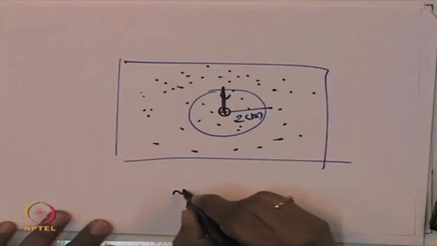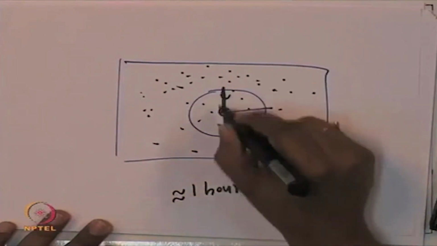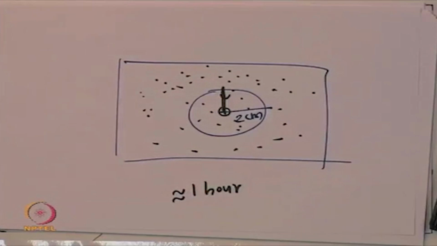It takes about 1 hour for it to completely diffuse and reach here. Then what should be the diffusion coefficient? You have to know only how long it really takes for it to diffuse, and if it takes about 1 hour, then we can estimate the diffusion coefficient based on this information.